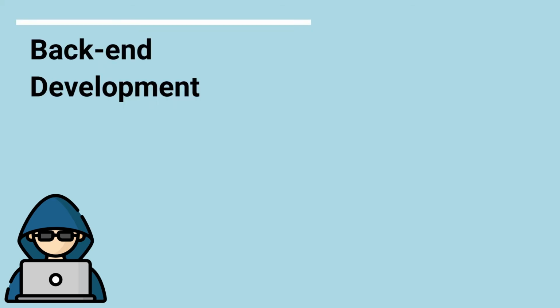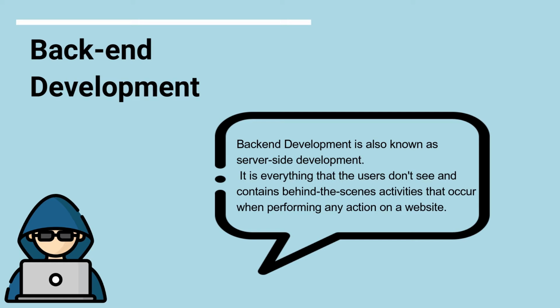Now that you know what front-end development is, you must be wondering how the data is fetched and how the data is being presented in front of you on your screen. This is all facilitated by the backend of the application. Now let's understand what backend development is. The backend refers to the server-side development of the application.